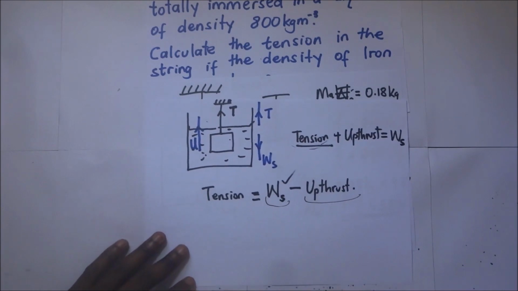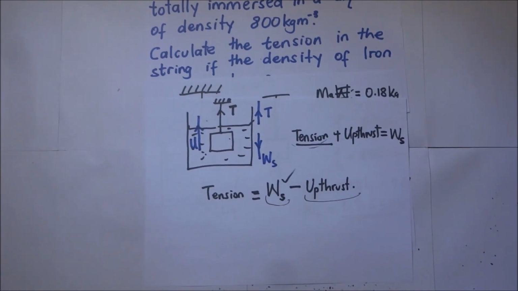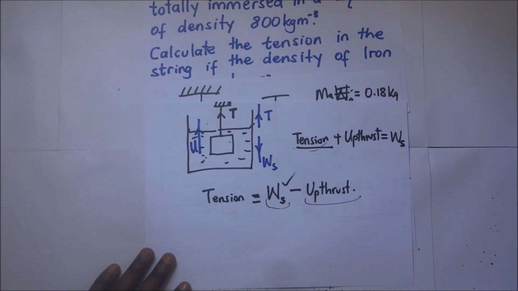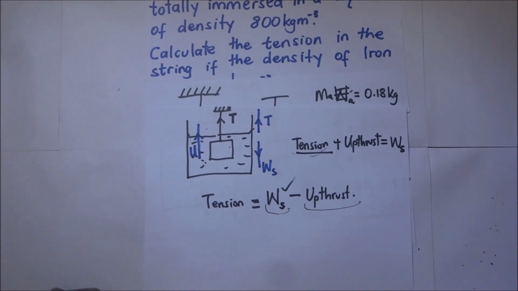So for us to go ahead and find the upthrust, we will derive the way we get upthrust from Archimedes principle. When we were beginning this session, we said that Archimedes' principle simply states that when a body is partially or wholly immersed in a fluid, it's going to experience an upthrust, and this upthrust is equivalent to the weight of the fluid that is displaced.